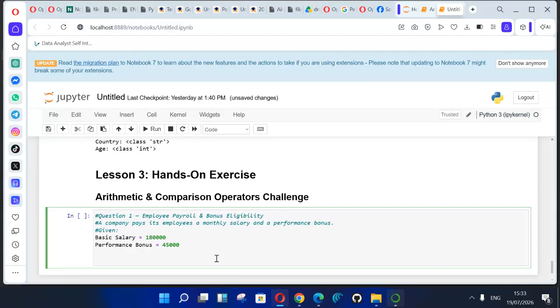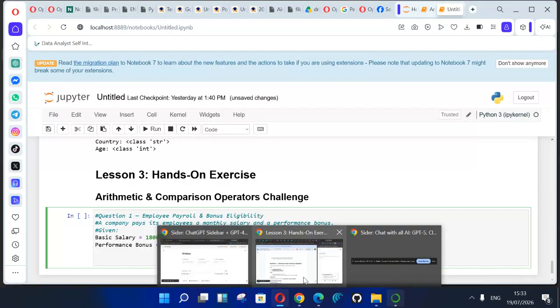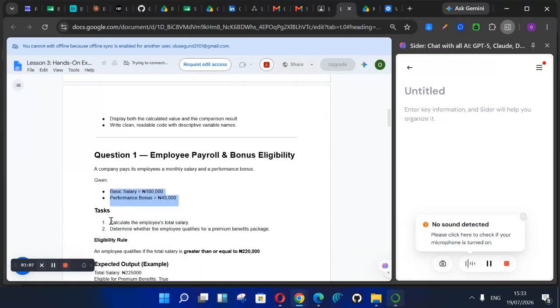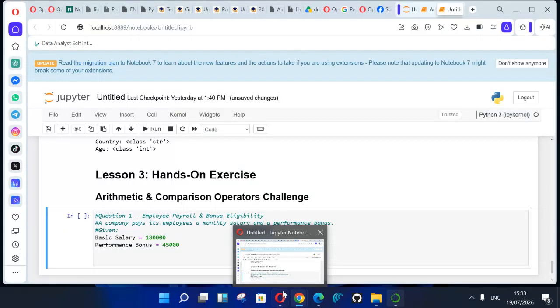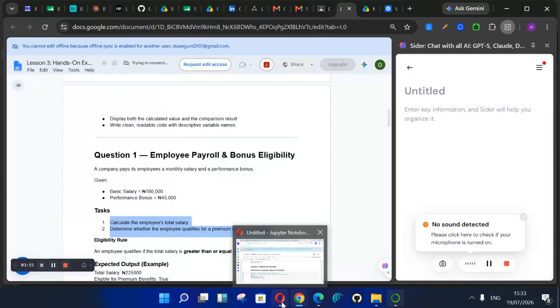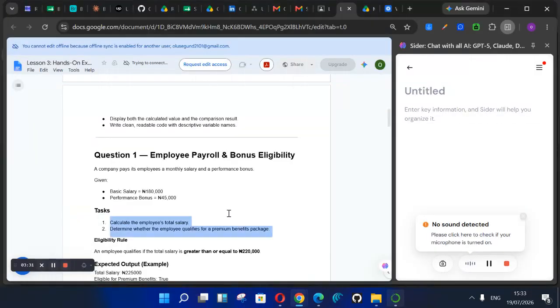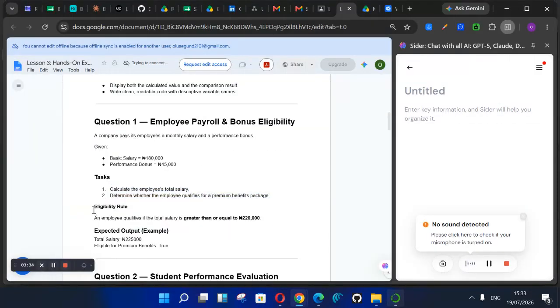The first question is: calculate the employee's total salary. I think I should also add the eligibility rule there.